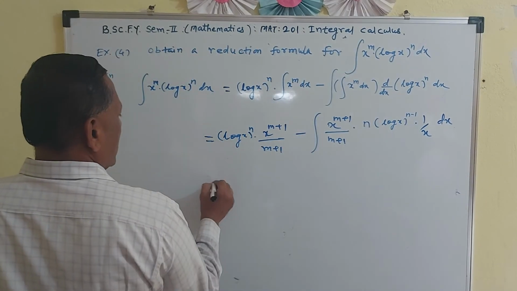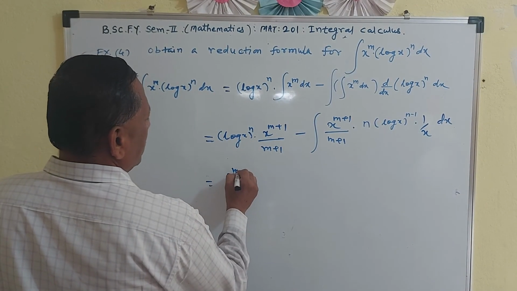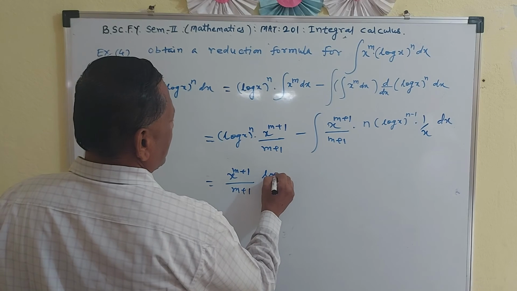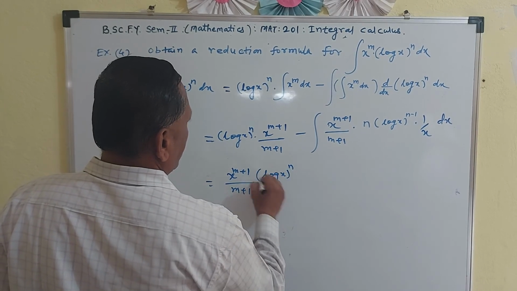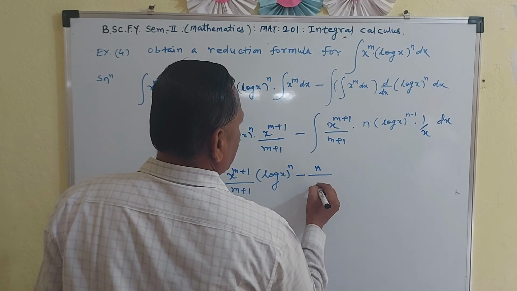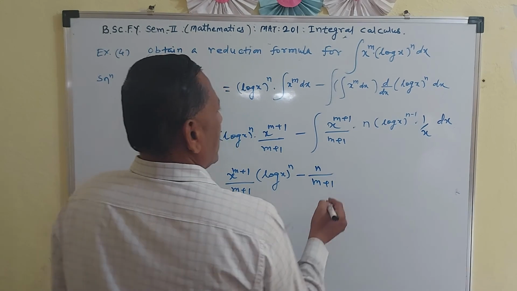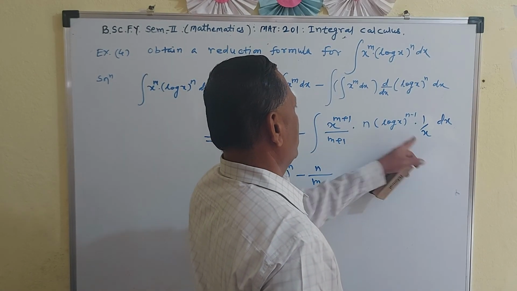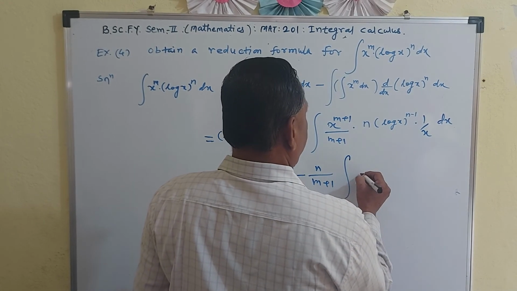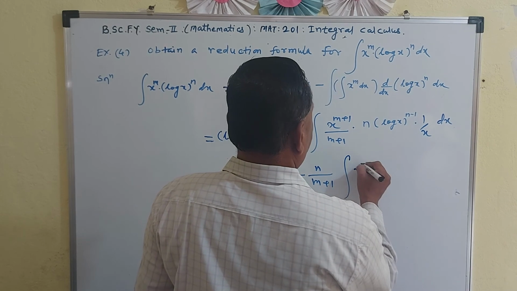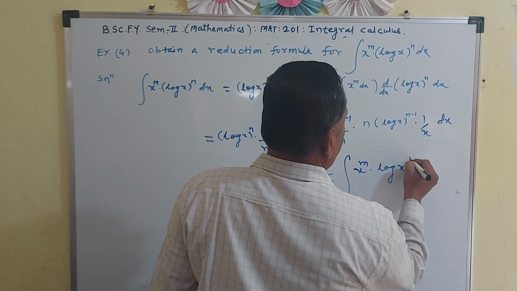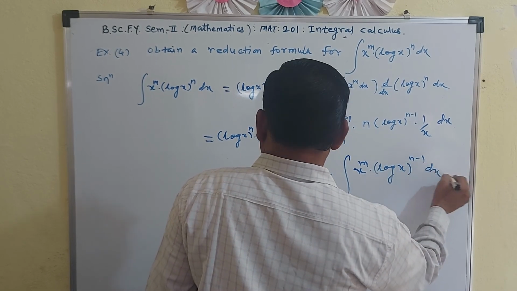So this can be written as x raised to m plus 1 upon m plus 1 into log of x raised to n, minus n upon m plus 1 (n and m plus 1 are constants outside the integration), and here x raised to m plus 1 with 1 upon x cancel, so the integration of x raised to m into log of x raised to n minus 1 dx.